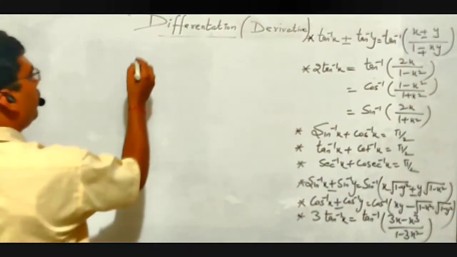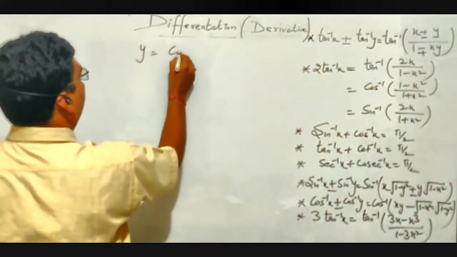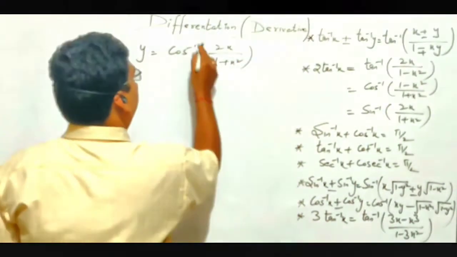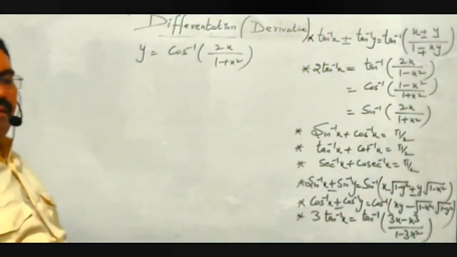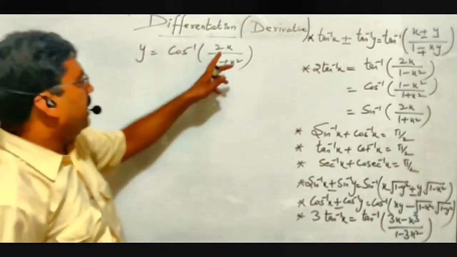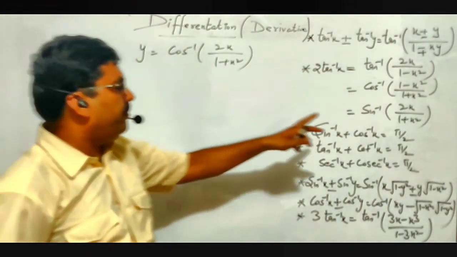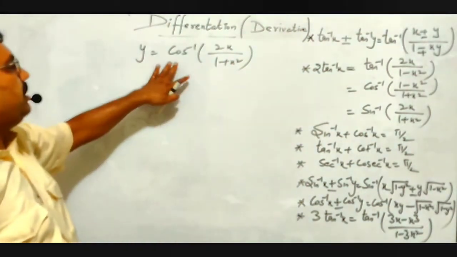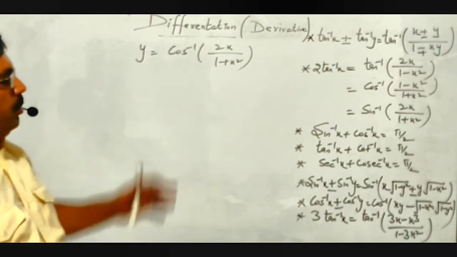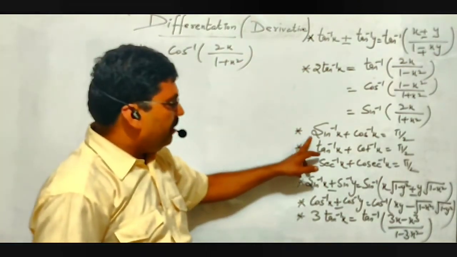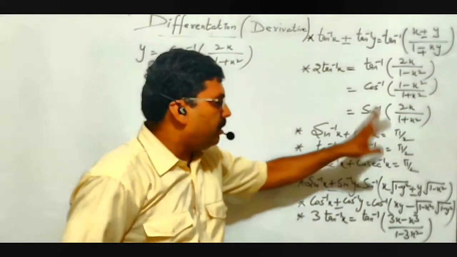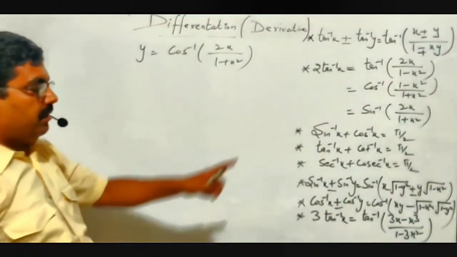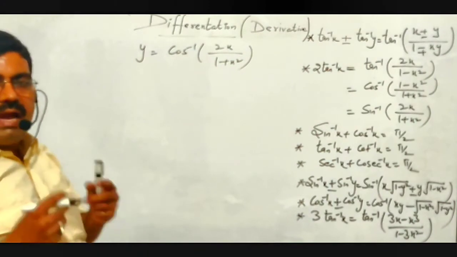Next question. y equal to cos inverse of 2x by 1 plus x square. Now for 2x by 1 plus x square, if there is sin inverse, then the answer is 2 tan inverse x. But in the question cos inverse is given. Now using this formula, sin inverse x plus cos inverse x equal to pi by 2, it means cos inverse x is pi by 2 minus sin inverse x.